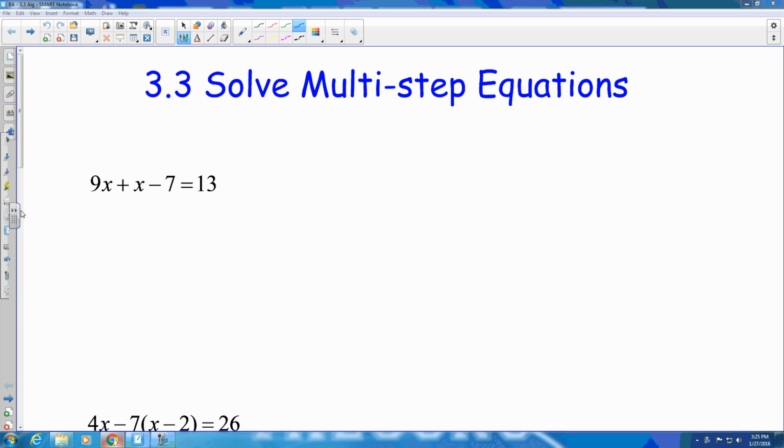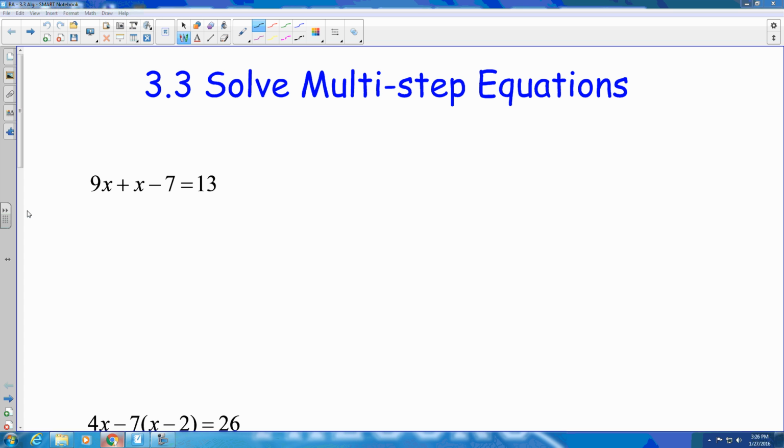All right, we are in section 3.3 where we get to solve multi-step equations. In 3.1 we talked about solving one-step equations. In 3.2 we talked about two-step. Now it can sometimes be two-step, but it's actually going to be multiple steps.